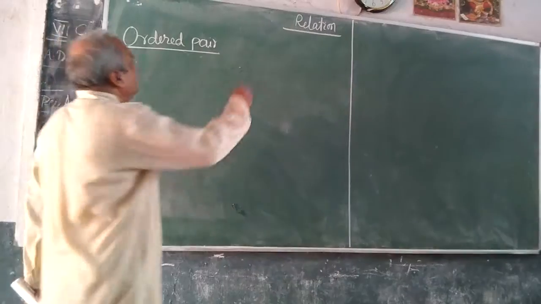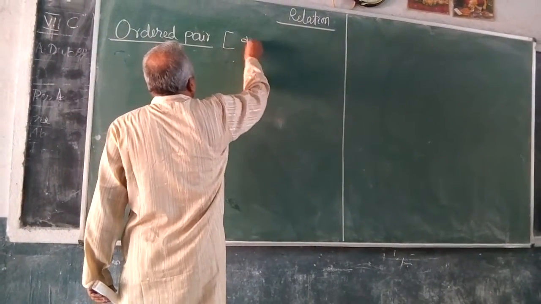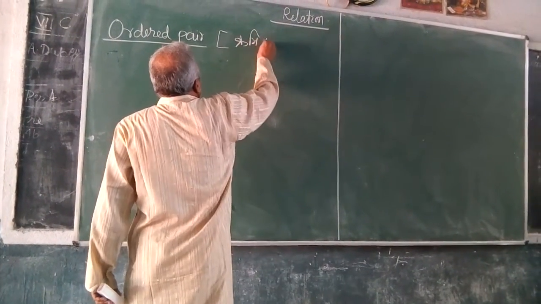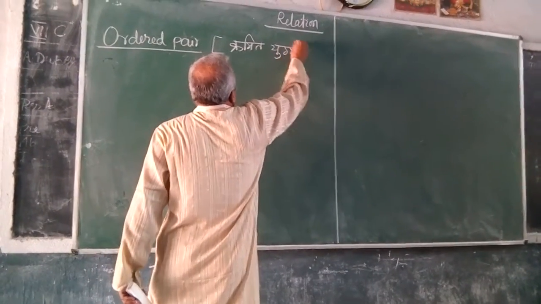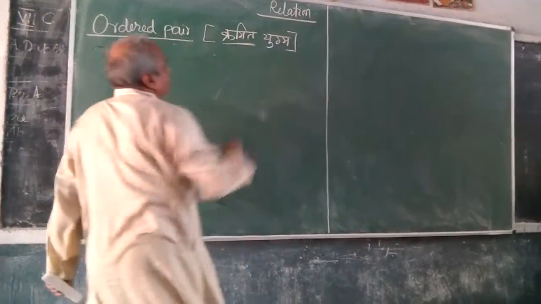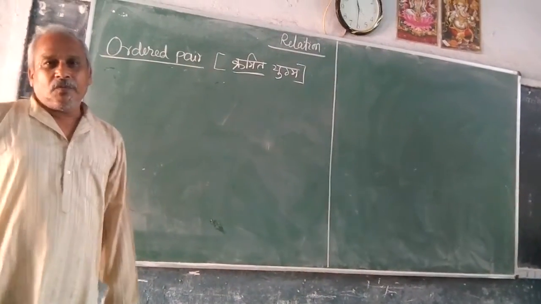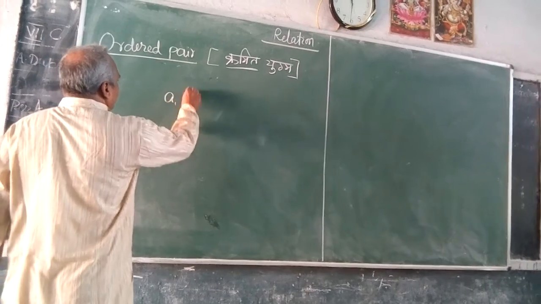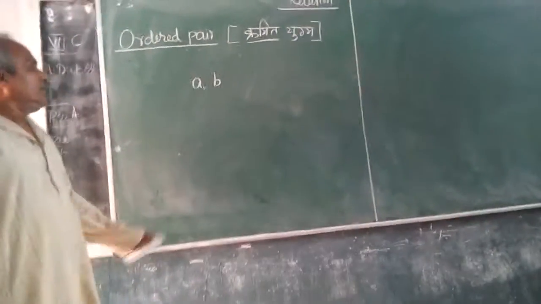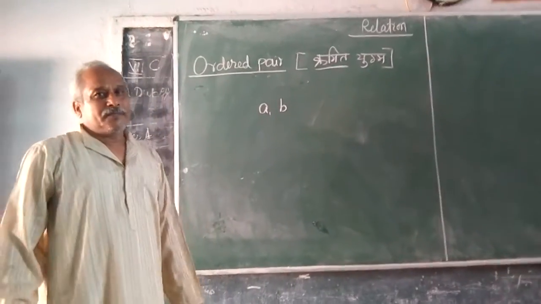In Hindi, it is called क्रमिक युग. Kramic means order, kram. For example, if I write A and B, it is in order.